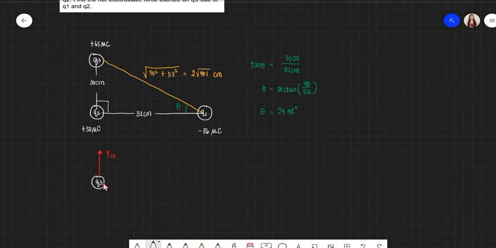And then there is negative Q1, positive Q3. So meaning it is directed toward it, Q1 attracts Q3.